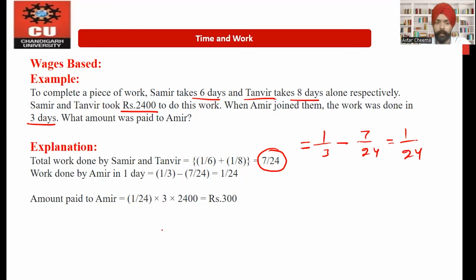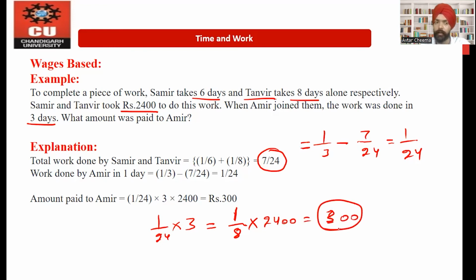So daily Amir does 1/24 of the work, and working for 3 days, Amir completes 1/8 of the total work, and he gets 1/8 of the total money, that is 2400. So that is 300. So Amir is getting 300 rupees as the amount.